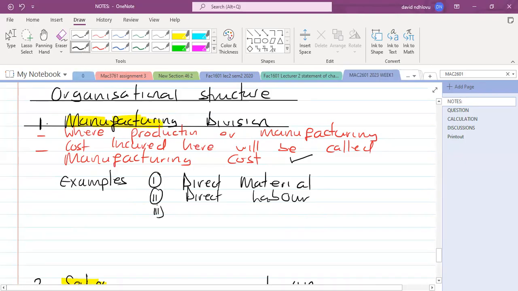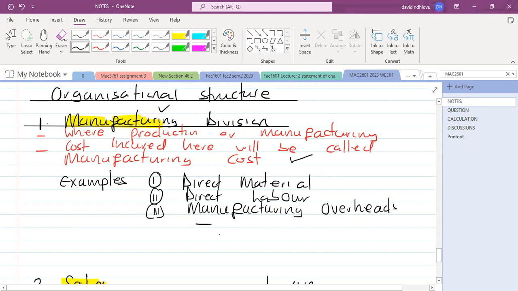Then here, we have manufacturing overheads. Remember, overheads is a blanket term, which means any cost that is not direct material, any cost that is not direct labor, it's an overhead. But here, because we're in the manufacturing division, we are saying manufacturing overheads.